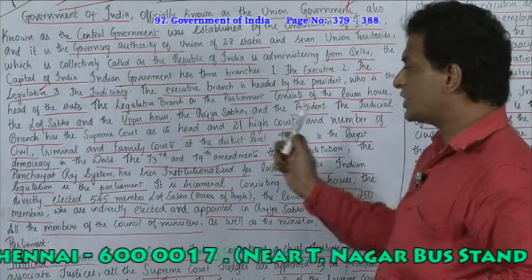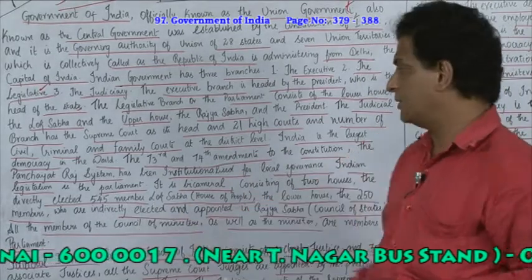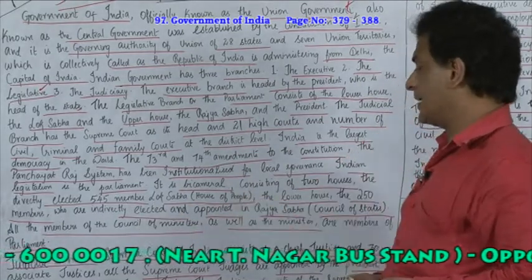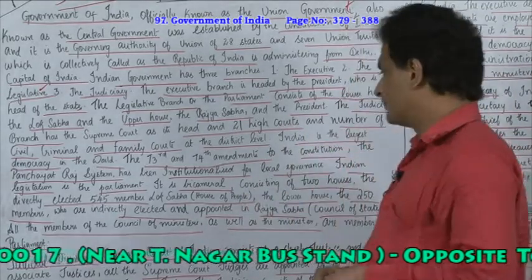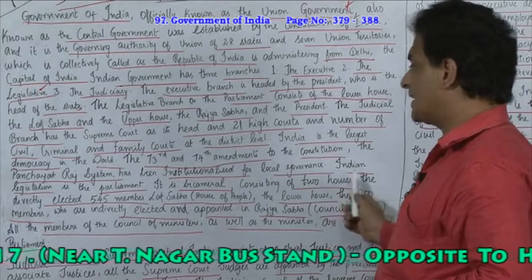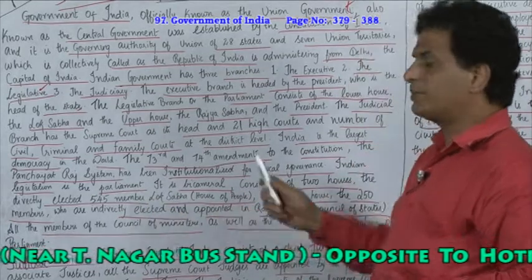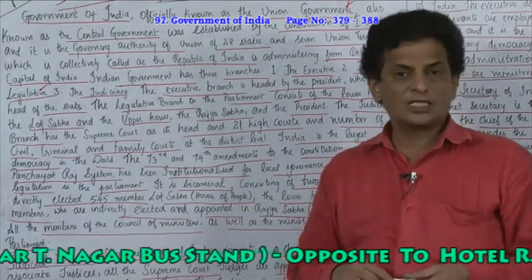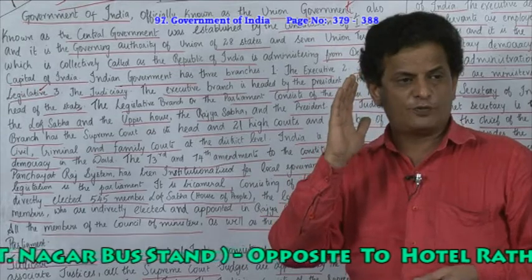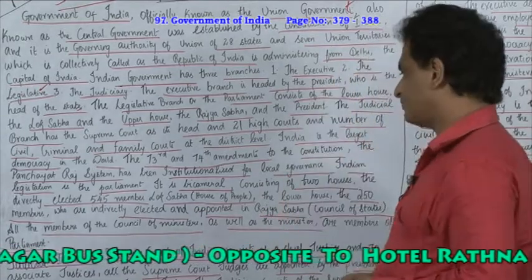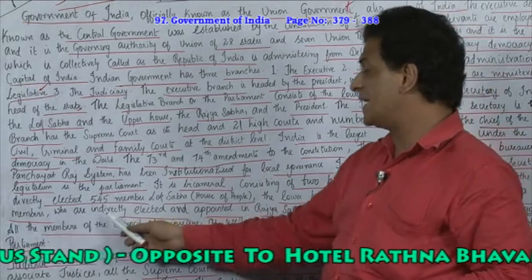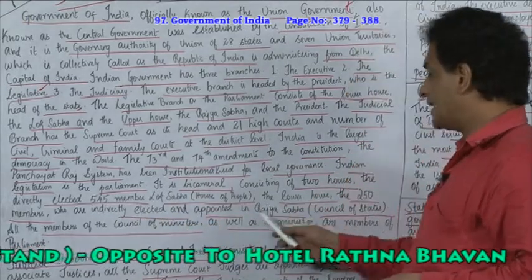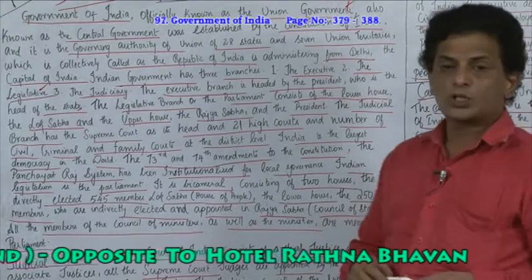The legislations will be done in Parliament. It is bicameral. Bicameral means what? Two houses are there, consisting of 2 houses. The directly elected 545 members of Lok Sabha. In the Lok Sabha, the lower house, you have 545 MPs. And 250 members who are indirectly elected and appointed in the Rajya Sabha.